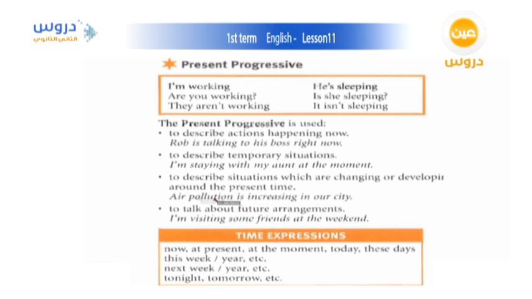Okay. Now, number 4, we use the present progressive to talk about future arrangements. All right? Future arrangements. So you have plans. Something like, I'm visiting some friends at the weekend. We can use it like this.